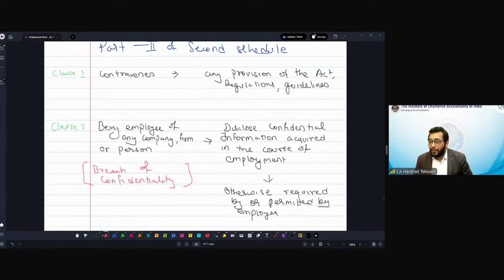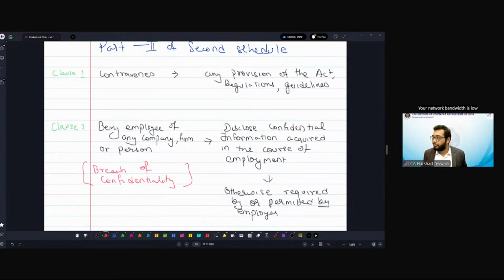If he discloses the information acquired without the permission or consent of the client or without being required by law, he will be held guilty of professional misconduct. A replication of that particular clause, but applicable only when I'm being an employee of a company, firm, or a person. Clear? Any doubt till now?